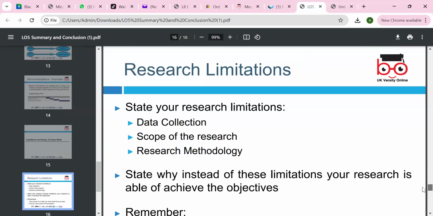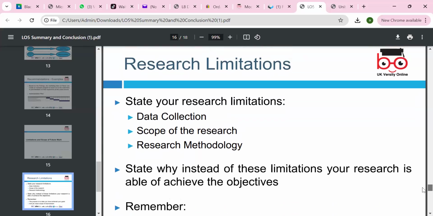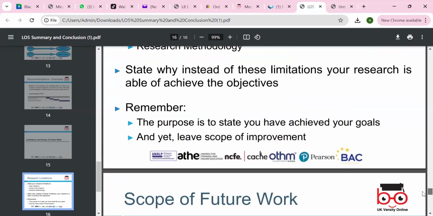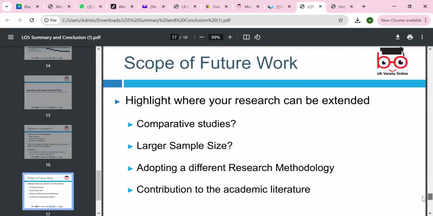Limitation of the research: state the data collection limits and the scope of the research methodologies, and state that despite these limitations your research is able to achieve the research objective. The purpose is to state you have achieved your goal and yet leave scope for future work.